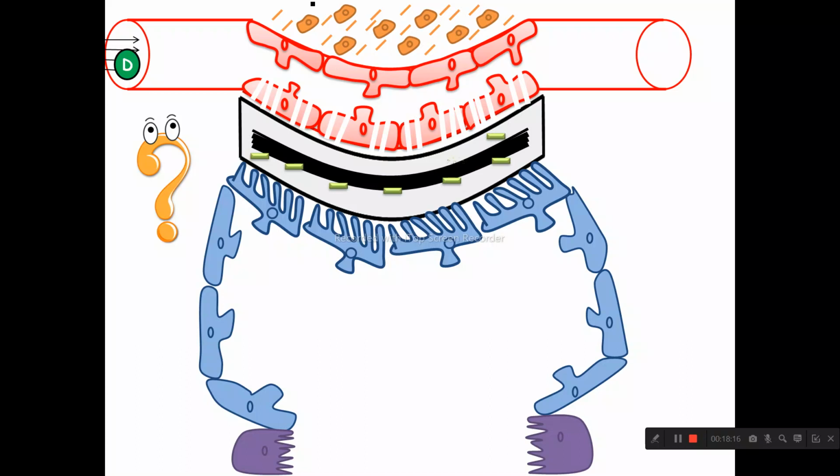The basement membrane is highly negatively charged. The endothelial side is highly negatively charged. Even the epithelial side is negatively charged. So any molecule that comes here and is positively charged will be attracted and moved through it.